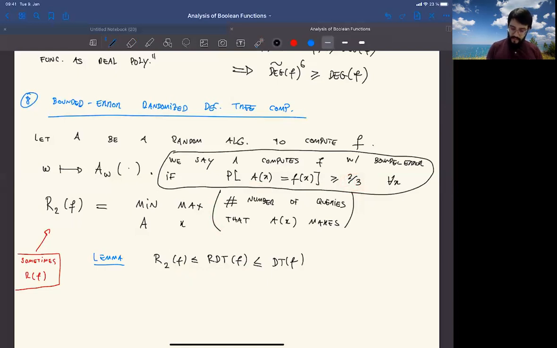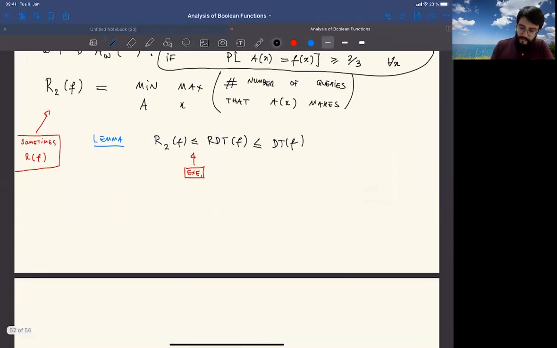And I'll leave this step as an exercise. I just explained more or less how to do it, but I will leave it as an exercise. So we have this new randomized decision tree complexity. It seems kind of weird, but it's useful sometimes.